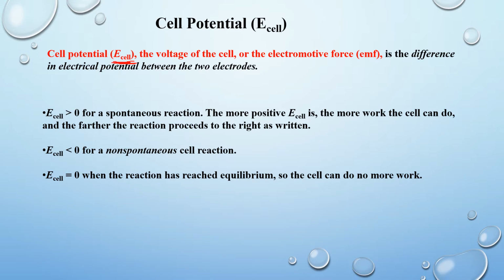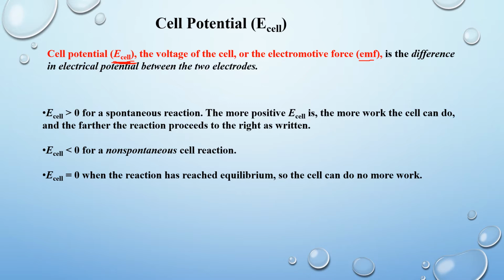The cell potential has the label E, with cell as the subscript. It is also called the voltage of the cell or the electromotive force, abbreviated EMF. Again, the cell potential is the difference in electrical potential between the two electrodes.